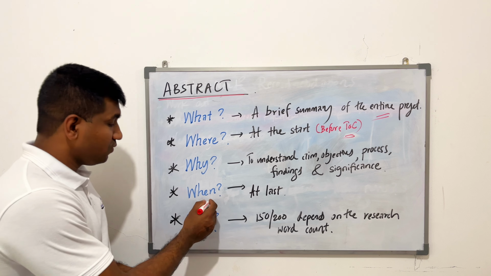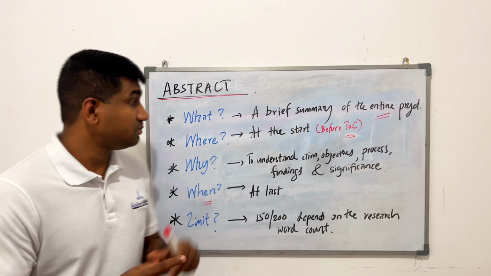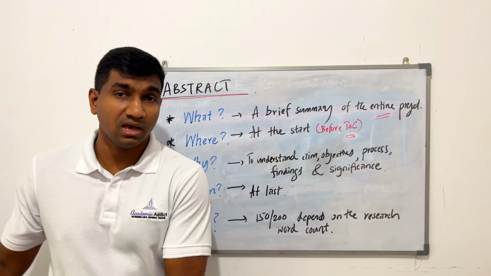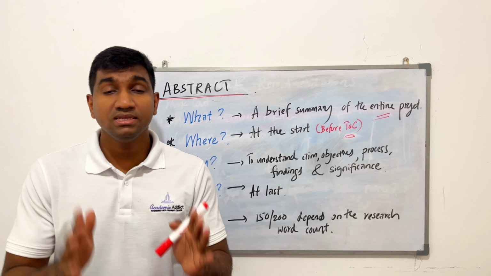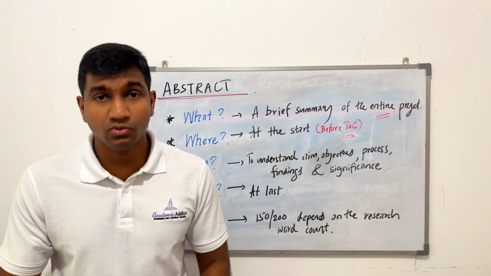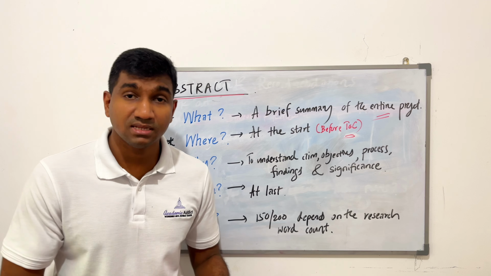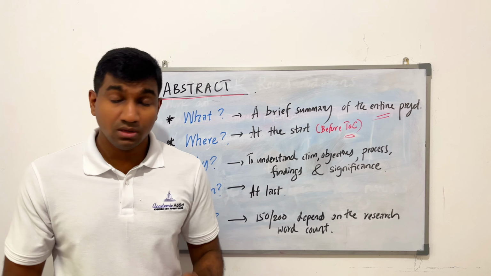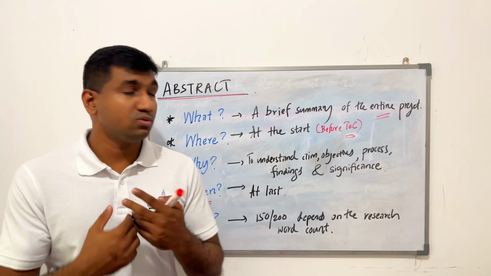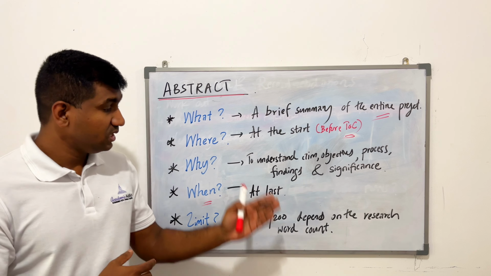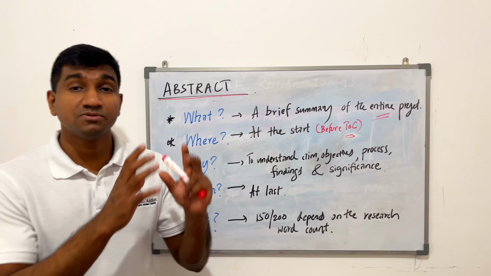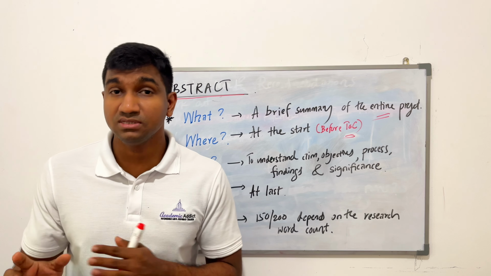So when do you have to update this abstract? At the very last moment. Wait until you complete everything, you proofread everything, you find out all the analysis and the recommendations, and after you give all this information in your final research project, then only you write the abstract, because the abstract should include every single thing that you have covered.